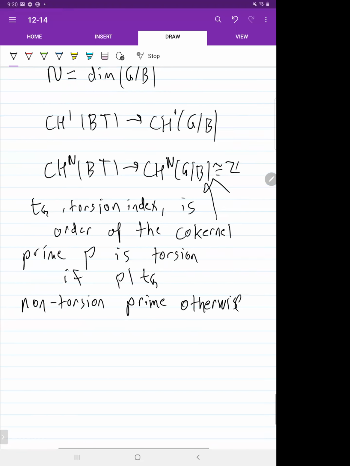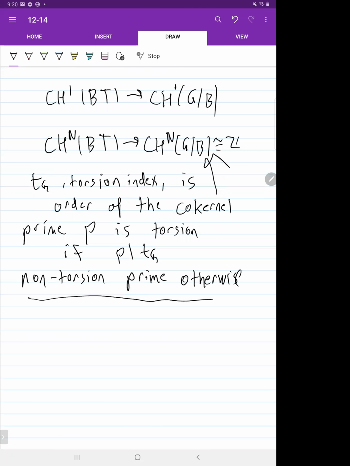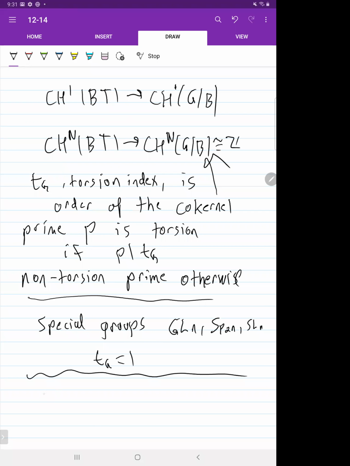So for these special groups, like GL_n, symplectic groups, SL_n, the torsion index is just 1. But every single prime is realized as a torsion prime, since p is always a torsion prime for PGL_p.